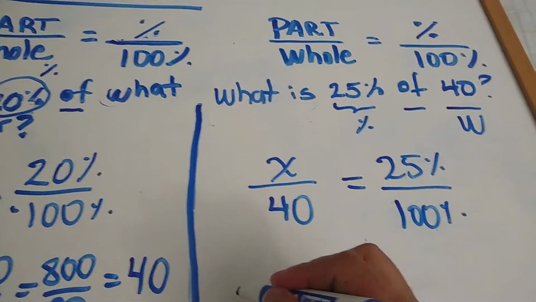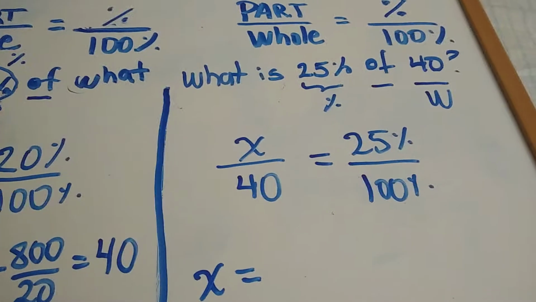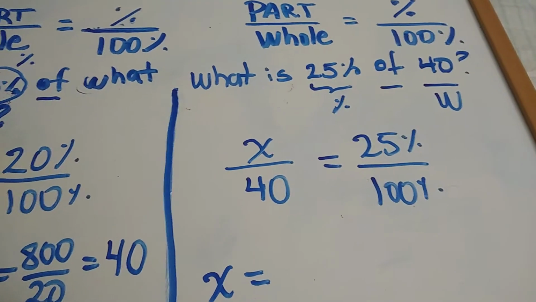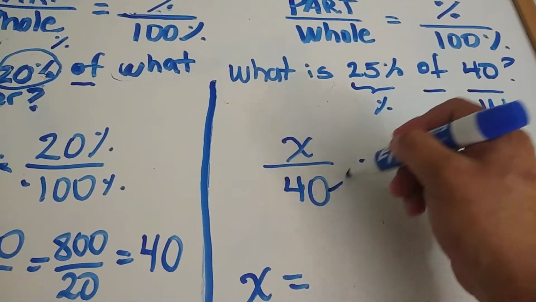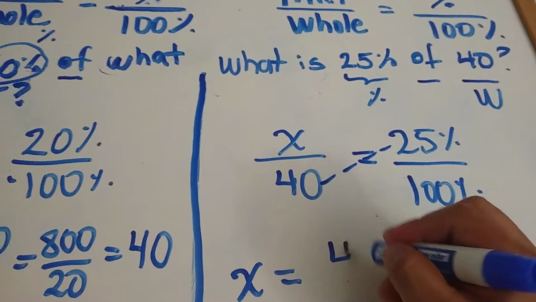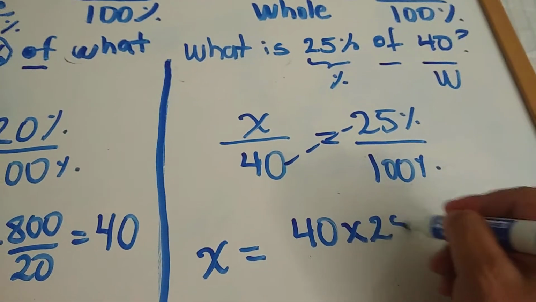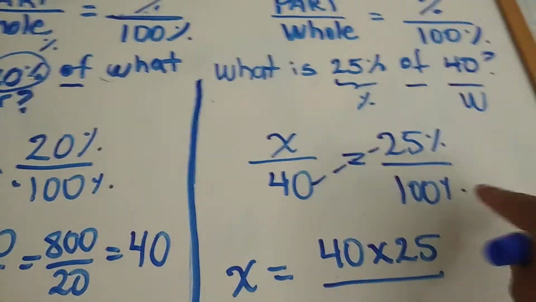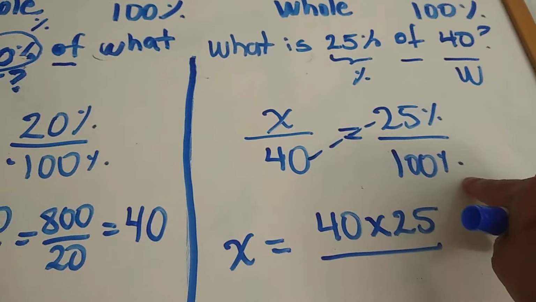Let's solve this proportion equation as well, all right? So what is the diagonal with numbers? In this particular case, this diagonal has the numbers. I have to multiply that one using the cross product rule. 40 times 25 over the number that is not in the diagonal, which in this case is 100.